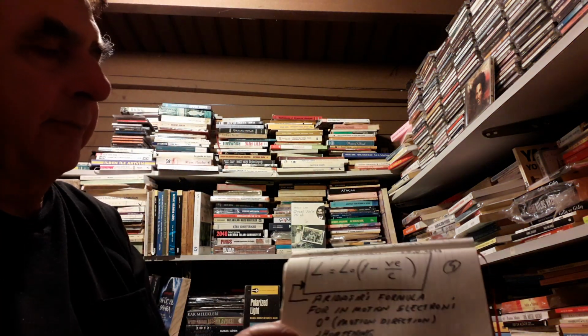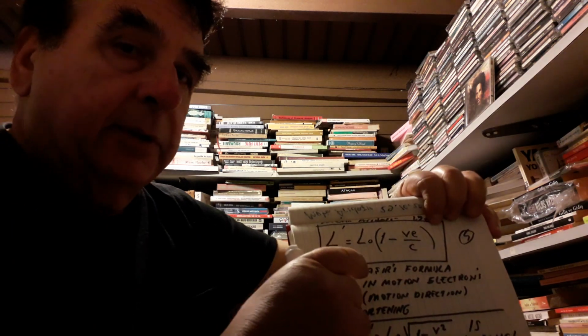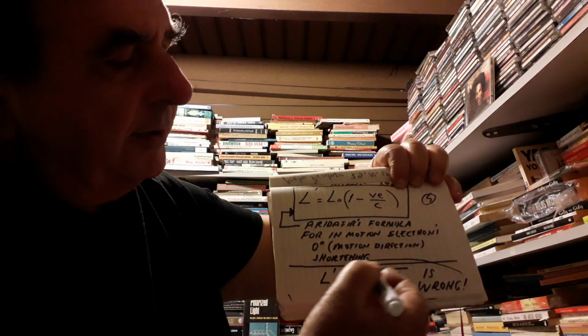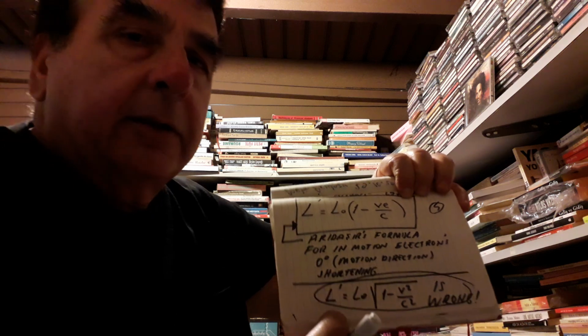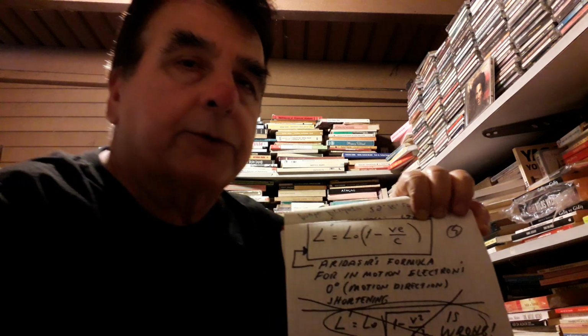Finally, this is my formula that I put forth. This is true. This is accepted physics, the relativistic length contraction formula, is completely wrong. But this doesn't mean, again, that time dilation is true.